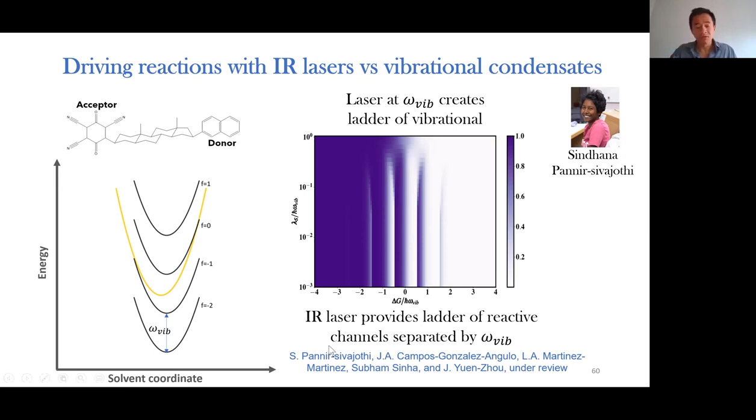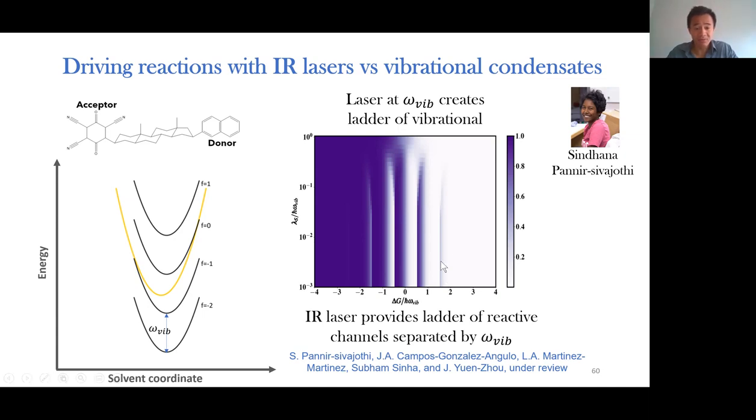So if you look at the yield plot, you will see some very interesting features. For example, you establish some steady state, and you see that you would even have yield for positive delta G, where normally, if the reaction delta G is positive, then without laser excitation you should have no yield.